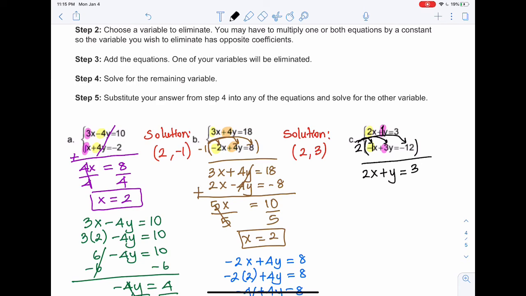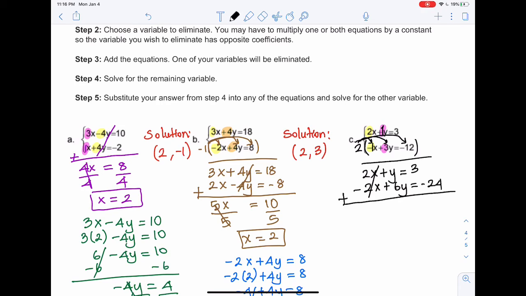And then negative 2x plus 2 times 3y will give us 6y is equal to negative 12 times 2 will give us negative 24. So let's add them. Those are canceled. So that means x will be eliminated at this point, and we have only y left.